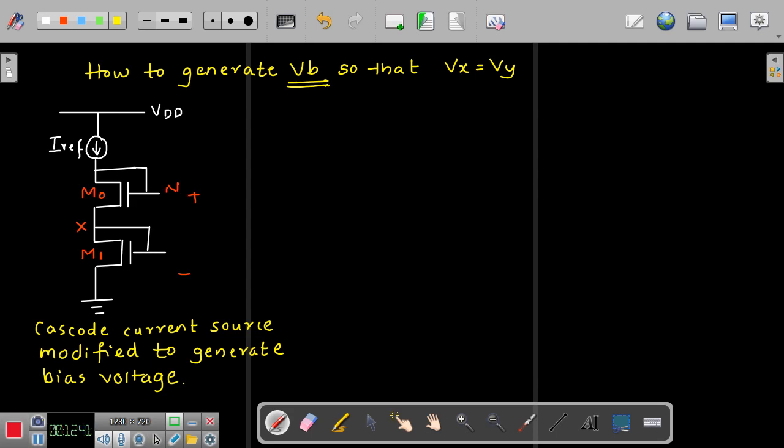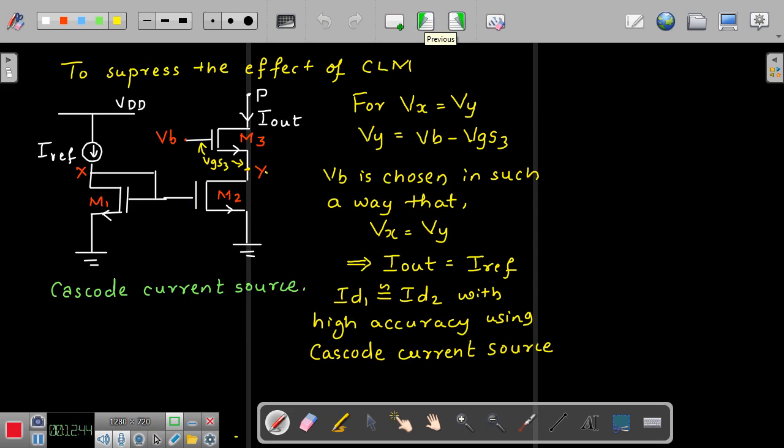Now I am going back to this. Here once again I will write VB is equal to VGS3. Look from the diagram. VB is equal to VGS3 plus Vy. I hope all of you agree with me. This VB is also written as VGS3 plus Vx as long as you want Vy equal to Vx, because our idea is to have Vx equal to Vy.